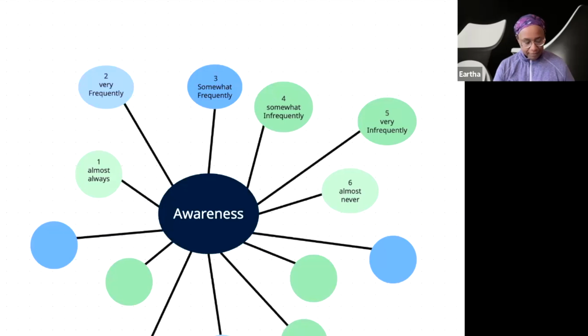Number 5, I tend not to notice feelings of physical tension or discomfort until they really grab my attention. Number 6, I forget a person's name almost as soon as I've been told it for the first time.